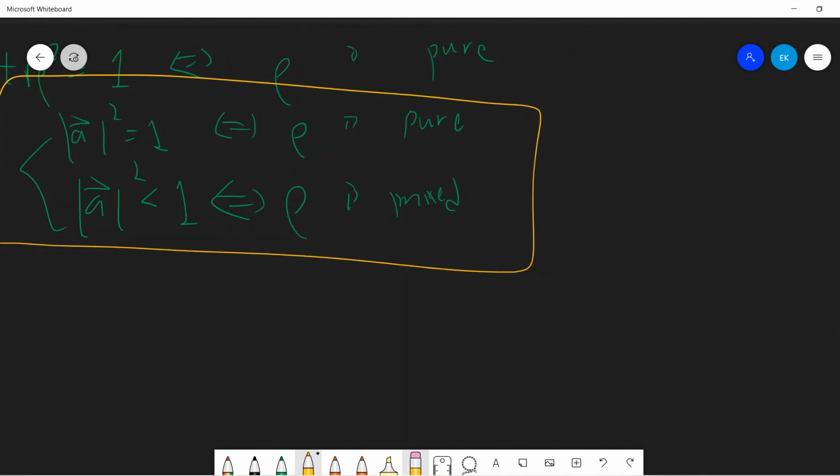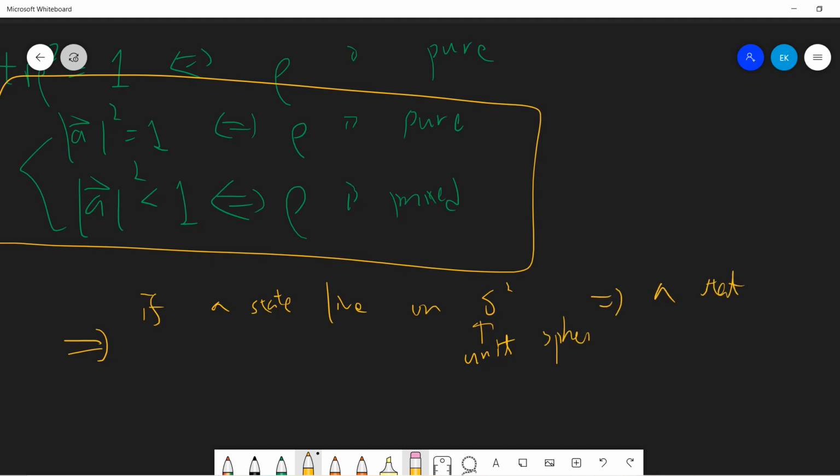This means that if a state lives on the unit sphere, the state is pure. Otherwise the states live inside, so the norm of a is less than 1.